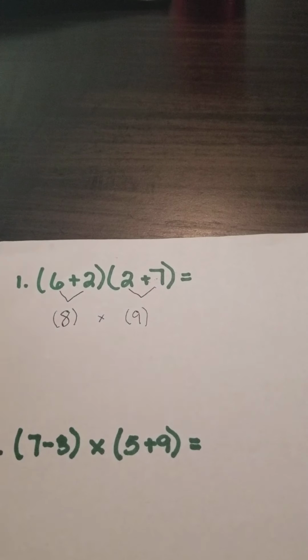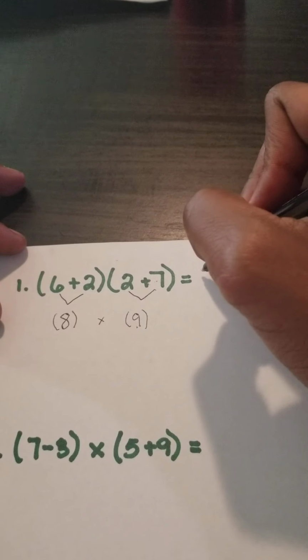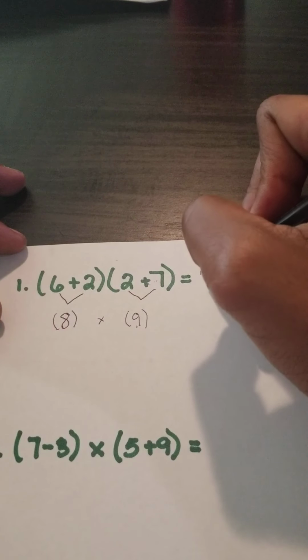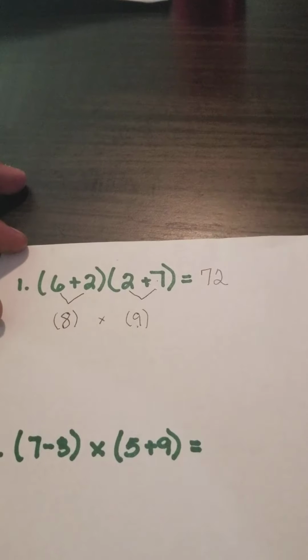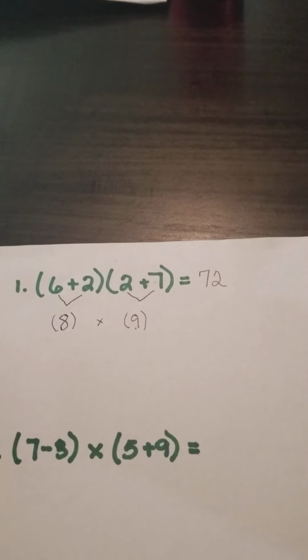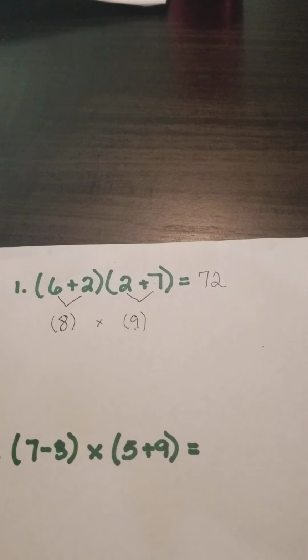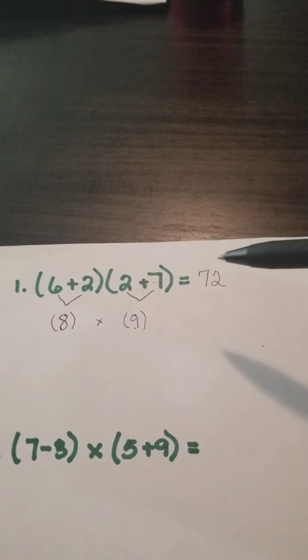So our answer is 8 times 9, which is 72. That's all that you do for these simplifying problems. You'll see each one has an equal sign, and that's what we're trying to find out, what these are equal to. All right, pretty straightforward.